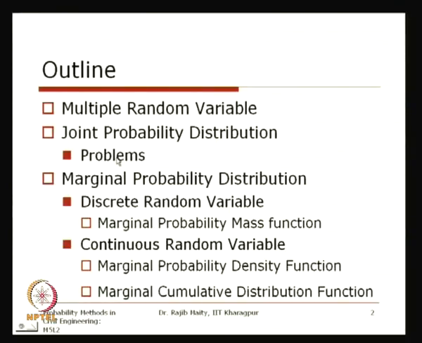So we will discuss the problem on that first, and after that we will come to the marginal probability distribution and its details. Before I go through that problem, I just want to give you the overall concept, and if that is clear, then the relation between the joint PDF and its marginal will be very easy to understand.